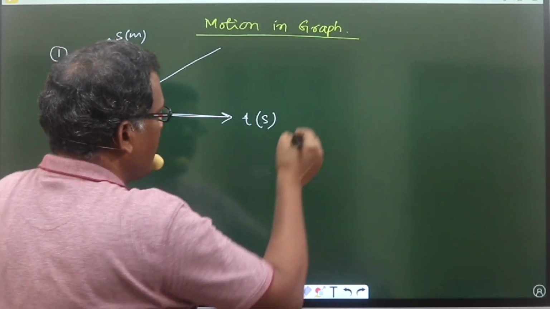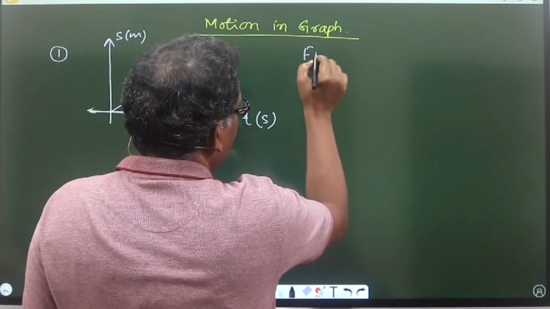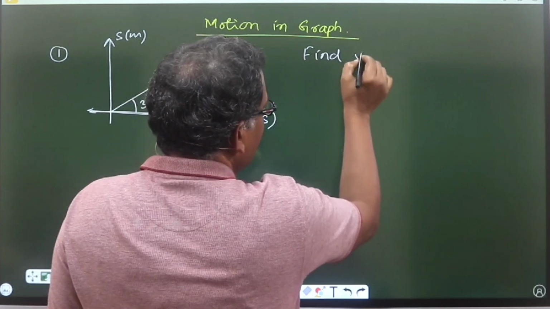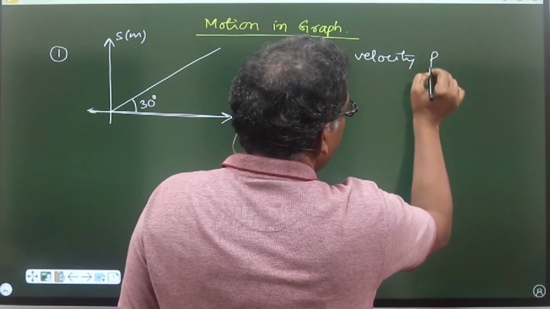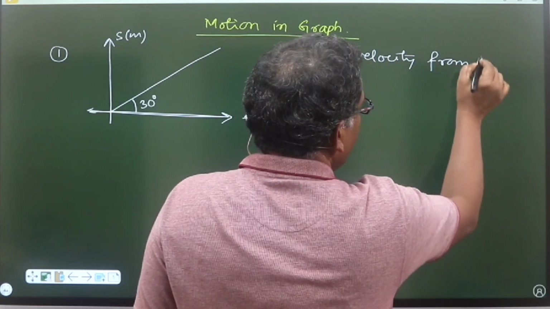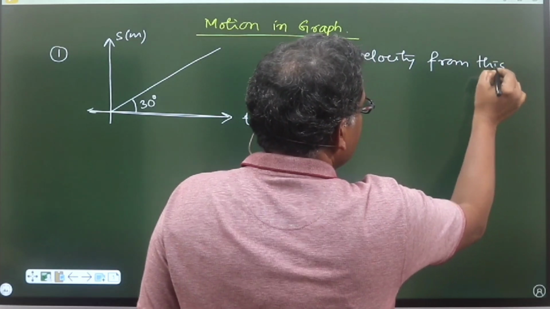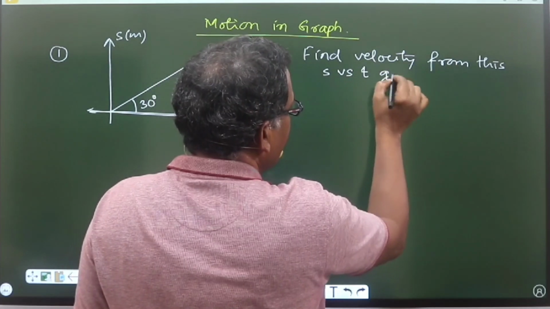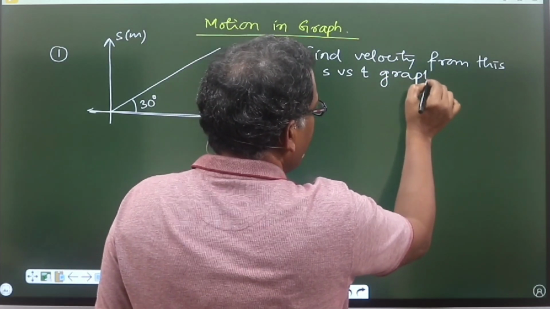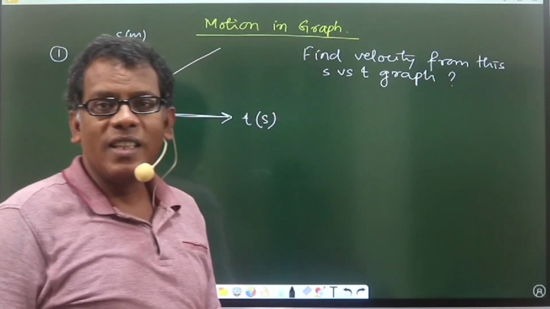Now if I ask you to find the velocity from this S versus t graph, right? Find velocity from this S versus t graph.